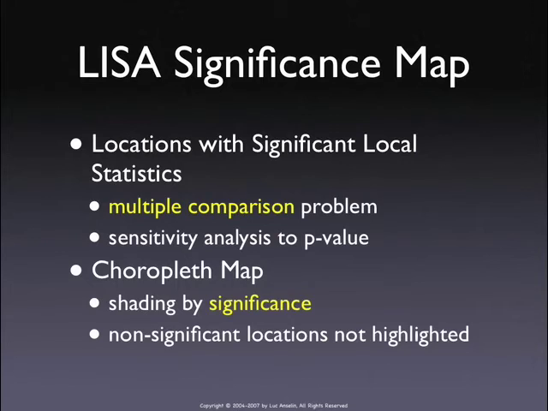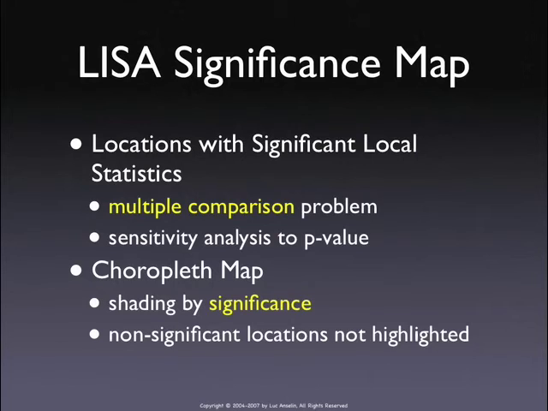So let me just point it out again, and I say this because there is software out there used by many people that does this. This is no good. You should not show locations that are not significant. It's the same as when you do regression and a coefficient is not significantly different from 0, and you say something about its sign.